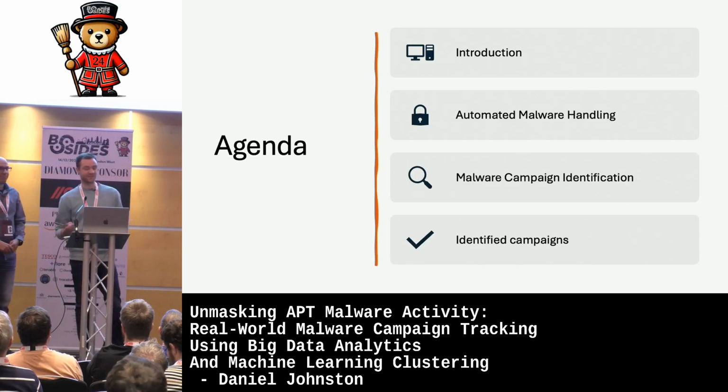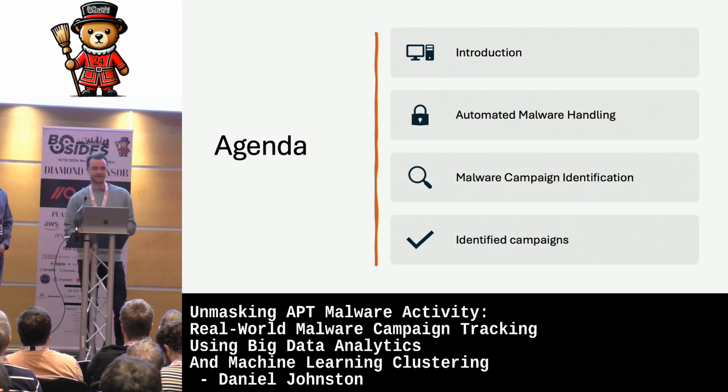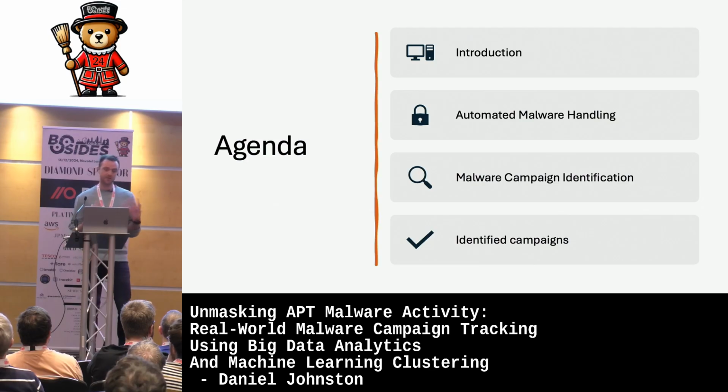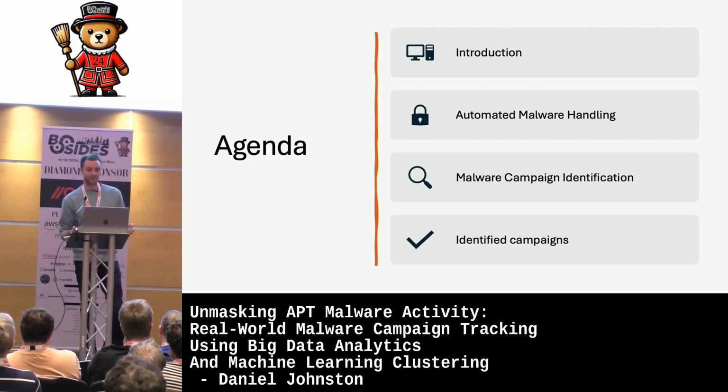So I'm going to talk a bit about the agenda. In the introduction, I'm going to talk about the data that we collect at Imperva, along with some of the challenges that we have in that data set. I'm also going to talk about how threat actors leverage web application vulnerabilities for malicious gain and to deploy malware campaigns. Then I'm going to move on to talk about the framework that we've developed for automating malware handling.